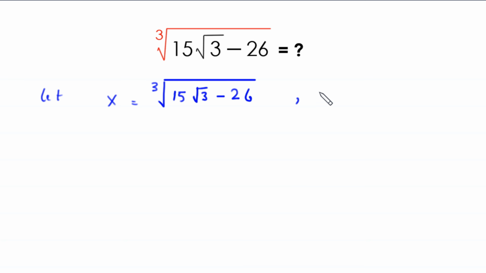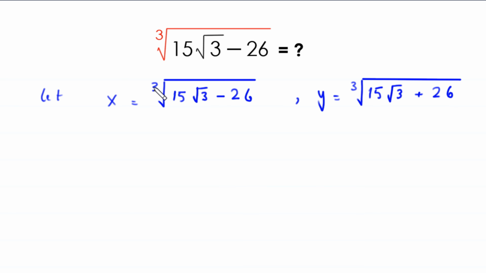And we suppose that y is equal to the conjugate of this expression, the cube root of 15 times root 3 plus 26.